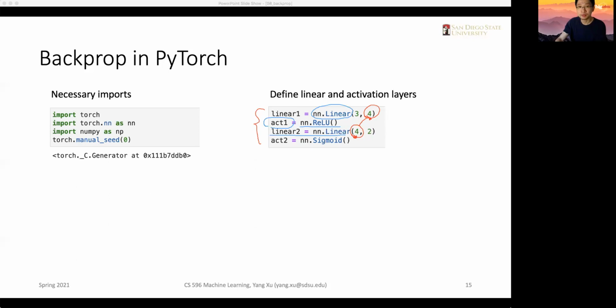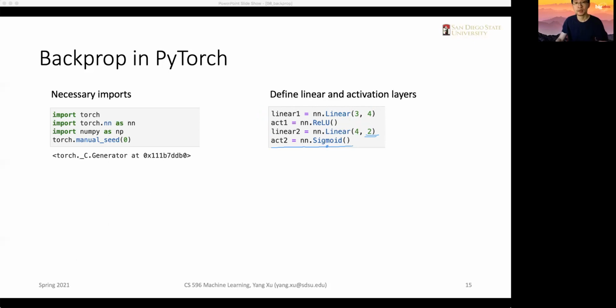And in this example, we set the output size to be 2, which means there are 2 neurons as the outputs. And we use a different activation function, which is a sigmoid.